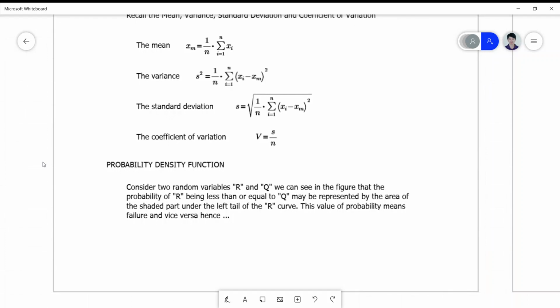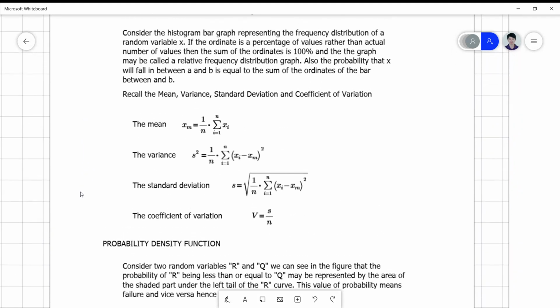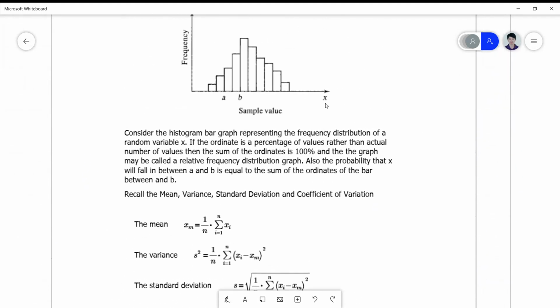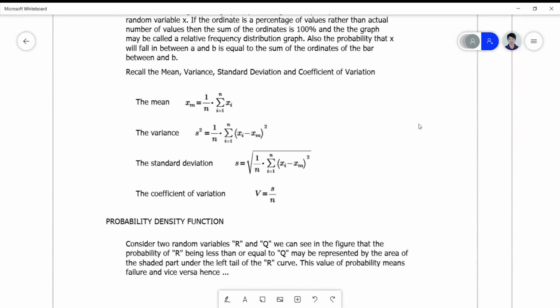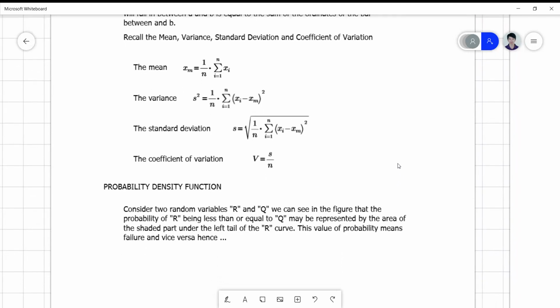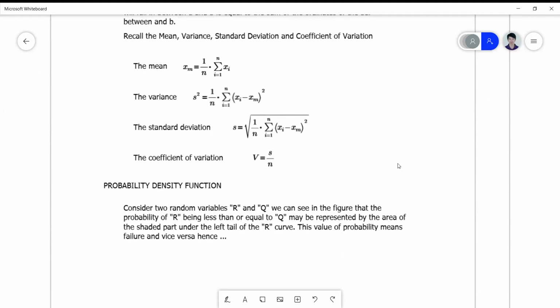Okay, for the probability density function, we consider now two random variables R and Q. So here X can be the resistance, and also X can be the load Q. Separately we can make use of these two random variables, and we can see in the figure that the probability of R being less than or equal to Q may be represented by the area of the shaded part under the left tail of the R curve, and this value of probability means that failure occurs.